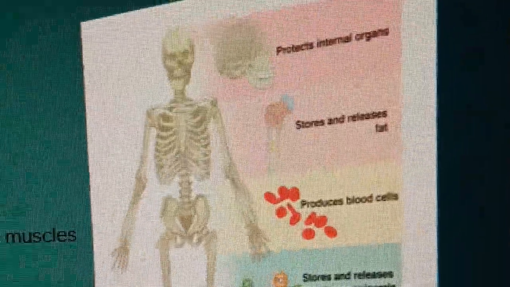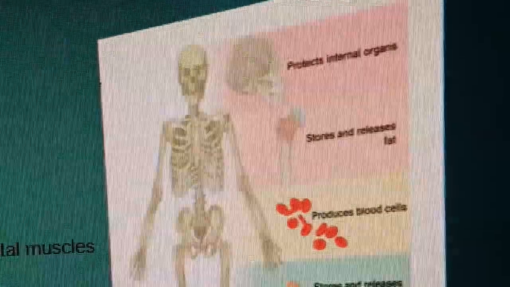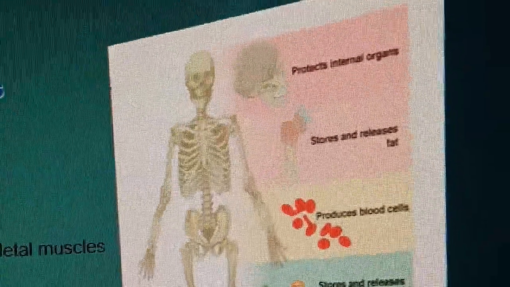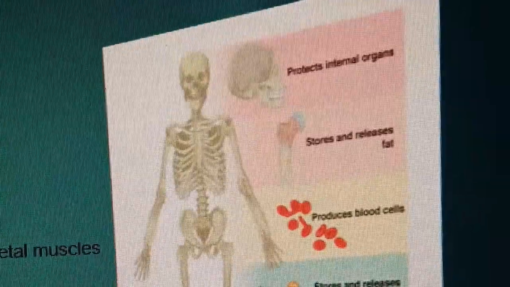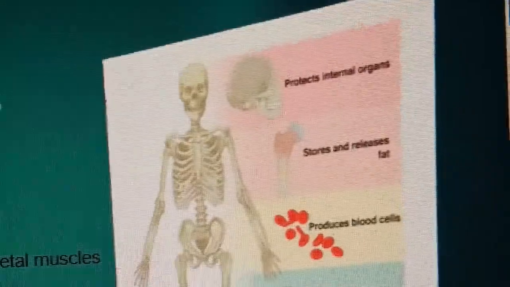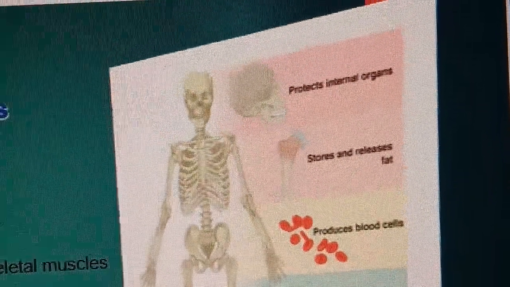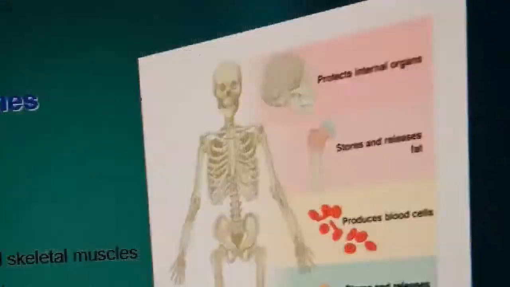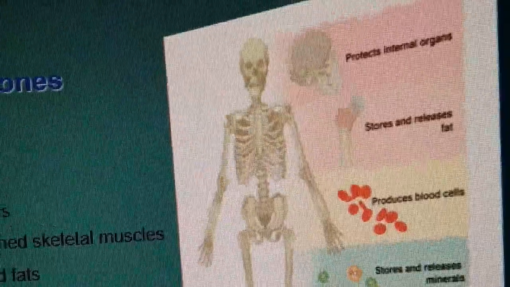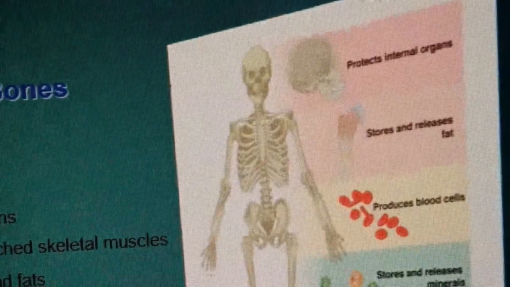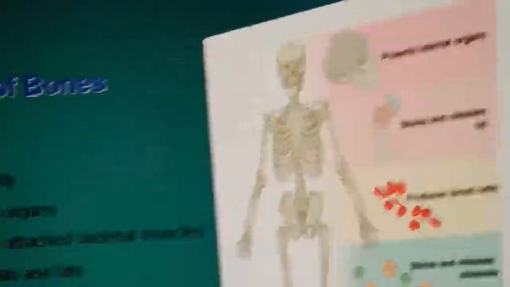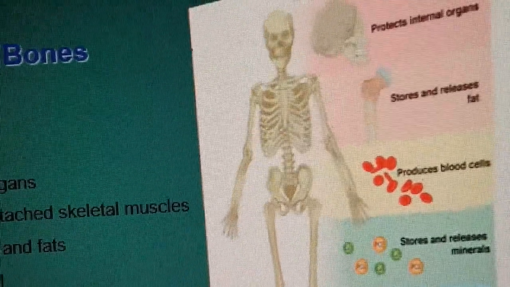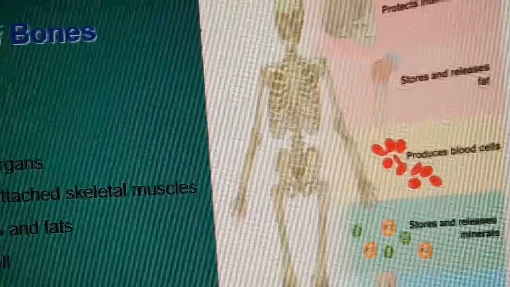So, yun nga. Bones actually function in protection of the internal organs, protection of the soft organs. At the same time, storage of minerals and fats. It stores and releases fats. At the same time, what? Produces blood cells.